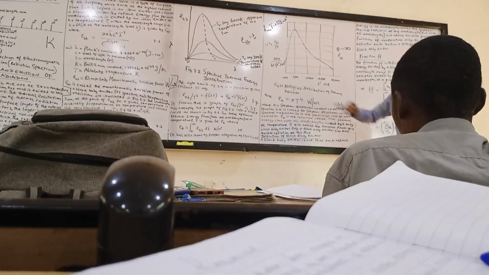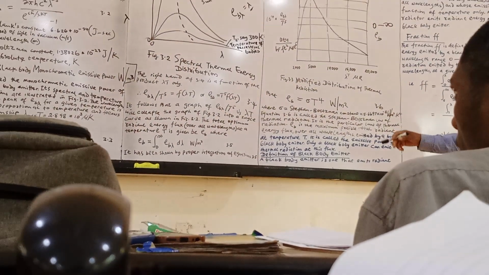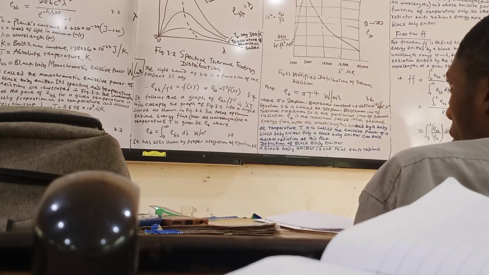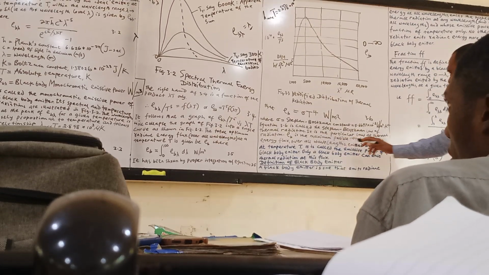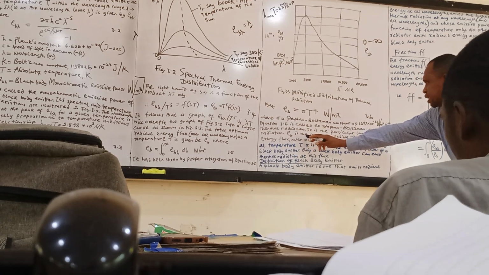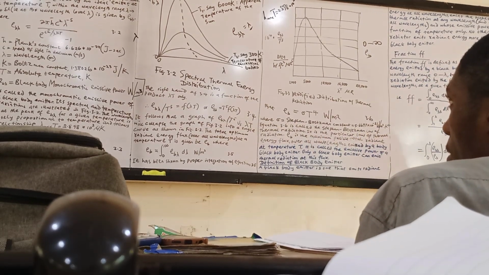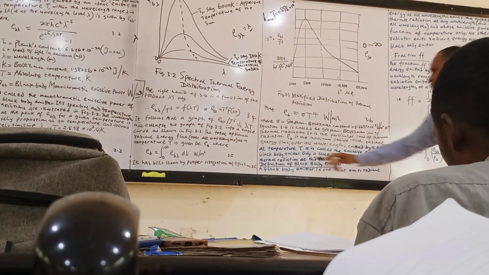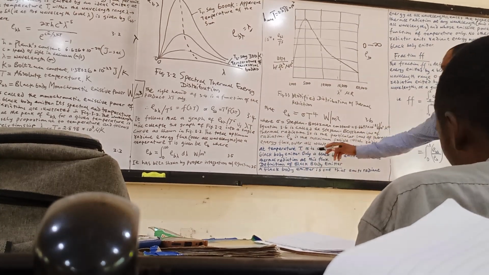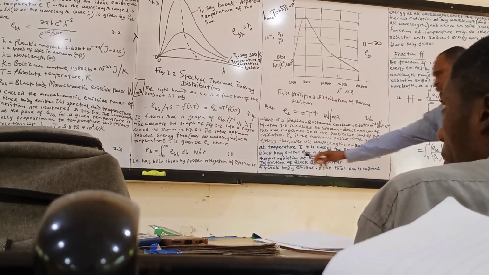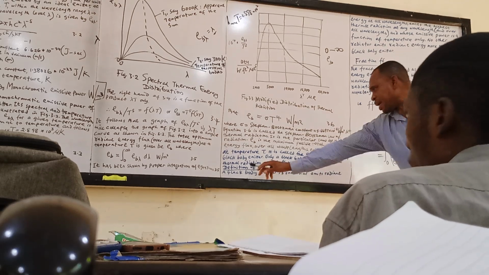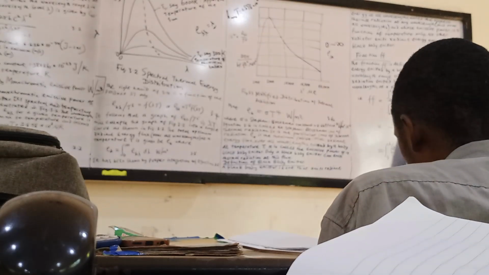Don't forget it, we are going to make use of it throughout. So E_b is the maximum possible total radiant energy flux over all wavelengths emitted by a body at temperature T. It is called the emissive power of a black body emitter. Only a black body emitter can emit thermal radiation at this flux.